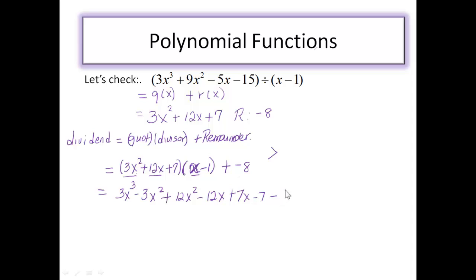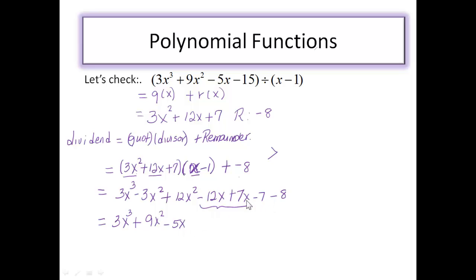And we add our remainder. Now we combine like terms, and I get 3x cubed plus 9x squared minus 5x, right? Because negative 12x plus 7x gives you negative 5x.